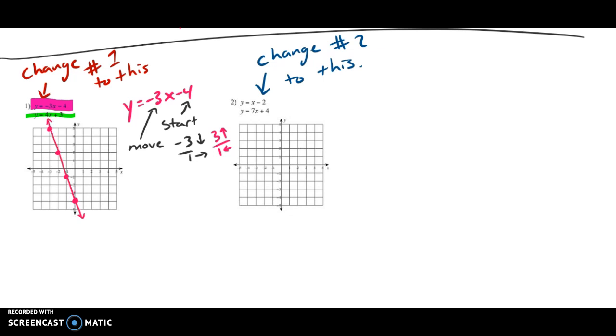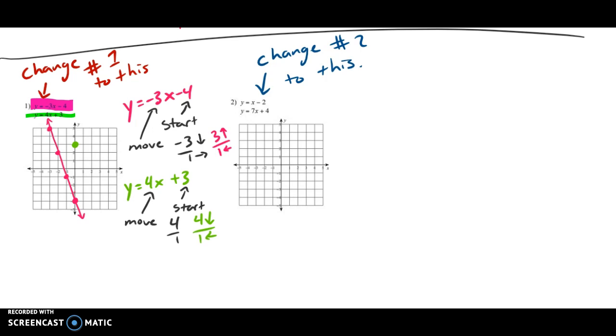So for the next one, y equals 4x plus 3. You're going to start here, and you want to move up 4 over 1. So when I start here, I can't go up 4, meaning I'm going to go down 4 to the left. I'm going to do the opposite of both.